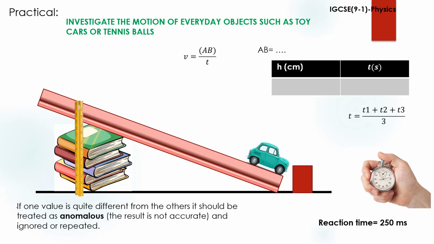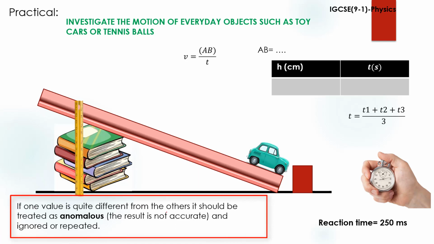Here another thing is given. If one value is quite different from the other, it should be treated as anomalous. The result is not accurate and is ignored or repeated. So when you repeat values, when you're doing an experiment, if the values are in the same pattern, it's okay.